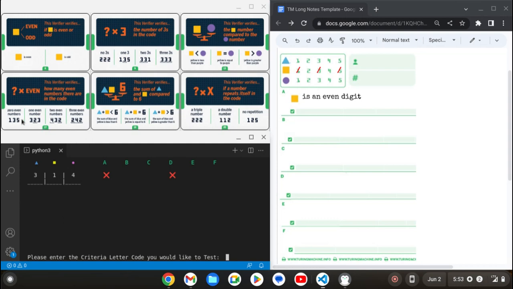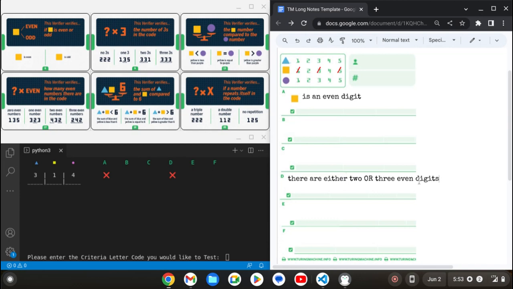Of course, there can't be no even since we've confirmed that square is even. So that means that either there are 2 evens or 3 evens. So let me put that in my notes in section D. There are either 2 or 3 even digits.